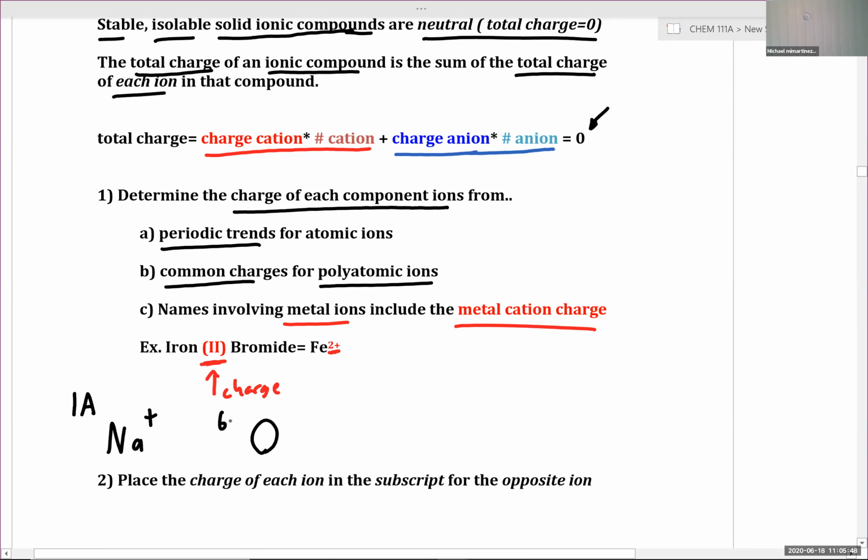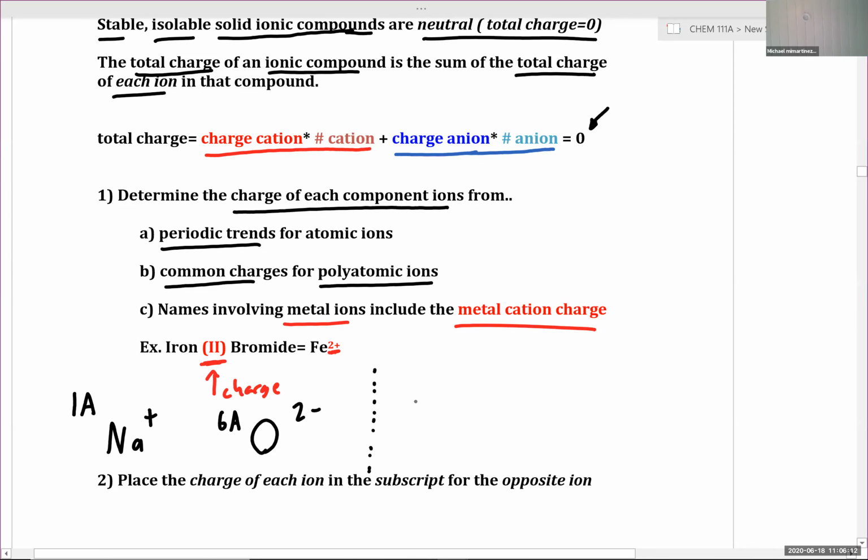What about oxygen, which is a 6A element? -2, yep, because 6 minus 8 is -2. Okay, let's make a little dividing line here and look at another example.